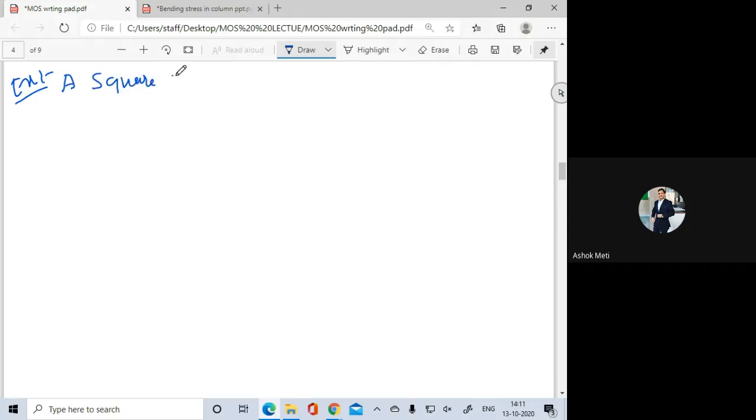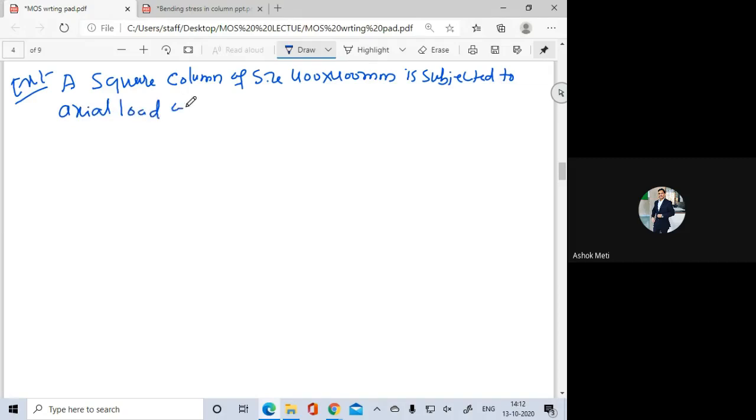So a square column of size 400 by 400 mm. So this is a cross section, and is subjected to axial load of 400 kilonewton.